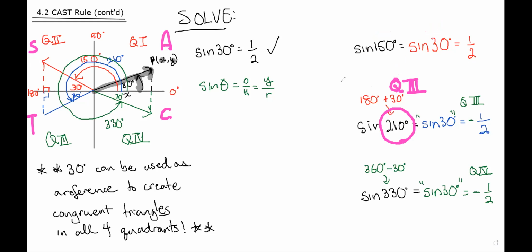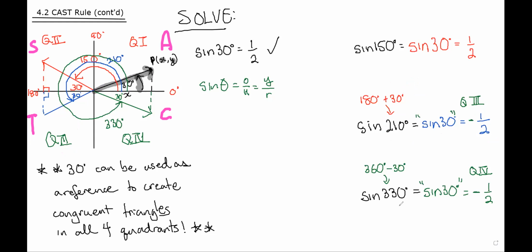So jump over to the Cartesian coordinate and look at quadrant 3. Only the tangent ratio will give you a positive value. And so my sine 210 must be a negative half. Okay, quick recollection. It's half because it's basically creating the same triangle as here, but it's a negative because it's in quadrant 3.